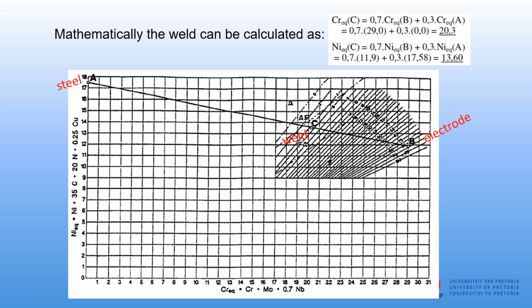A weld pass of the 312 with 30% dilution from the AISI 1050 steel lies at point C, located 30% of the distance from point B to point A. Mathematically, this can be calculated to get the chromium equivalent of 20.3 and nickel equivalent of 13.6. The diagram predicts at point C an austenitic weld microstructure with 5% delta ferrite.